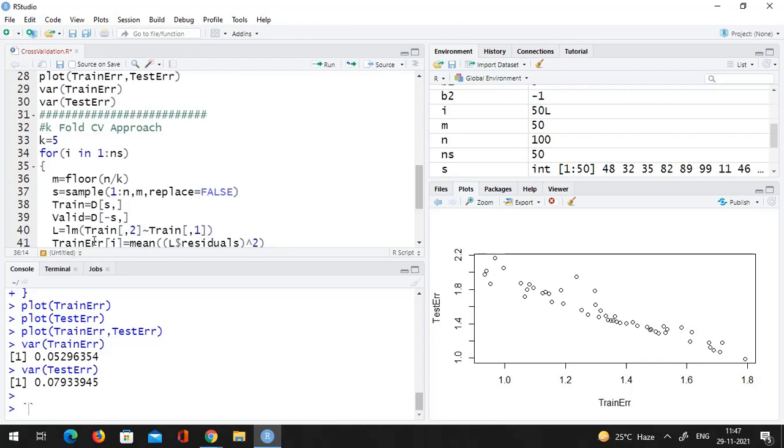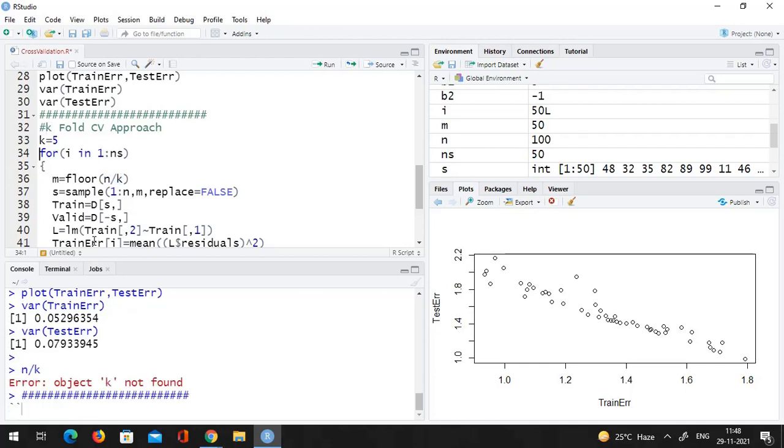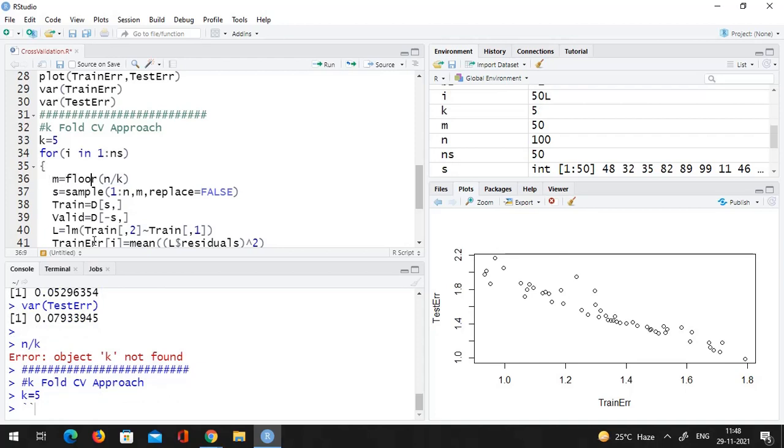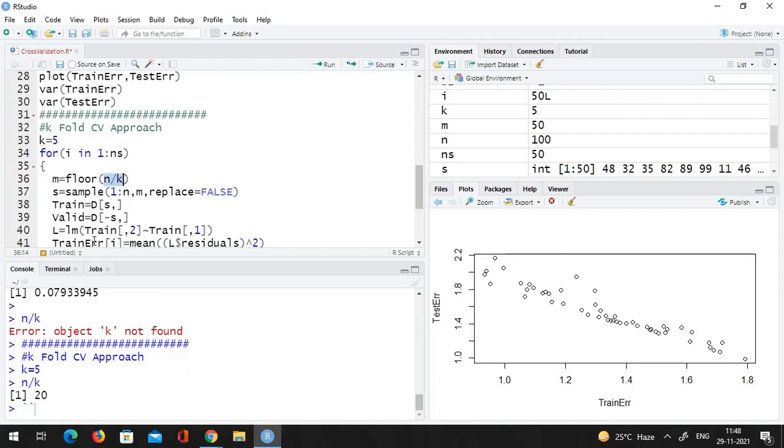Correct. So how do I code that? Instead of choosing the training set, I can do n by k. For k equal to 5, n by k is going to be 20. So I have to choose 20 observations as test set and the remaining 80 are going to be in my training set. Are you getting what I am trying to say?